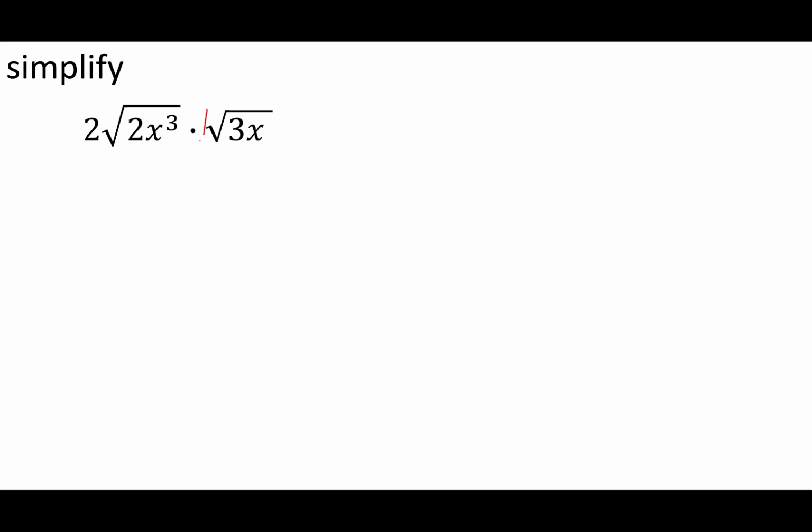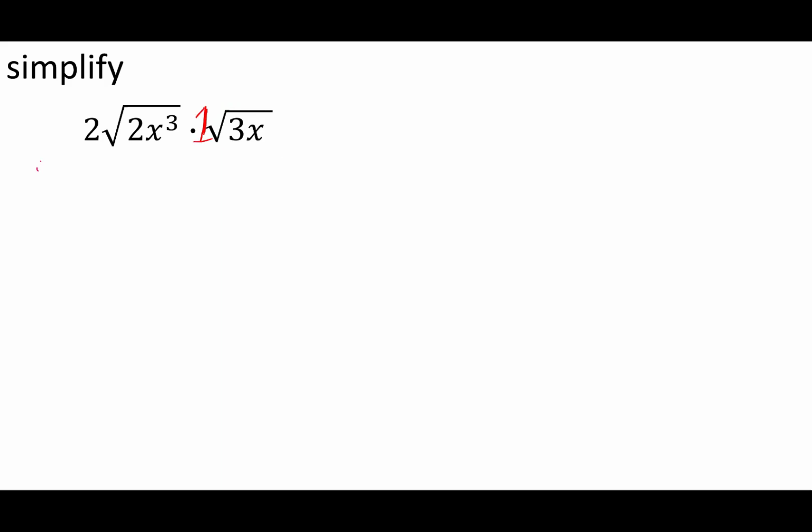All right, we're going to do one more of these, and then I have one other that I want to show you. I'm going to multiply my coefficients together. On that second radical, I have a coefficient of 1.